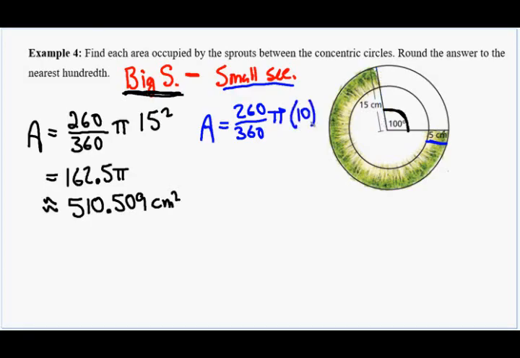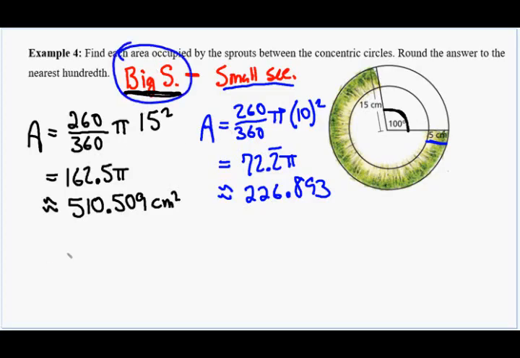10 squared. So we punch that in our calculator. You would get 72.2 repeating times pi, or about 226.893. All right, so we got our components.